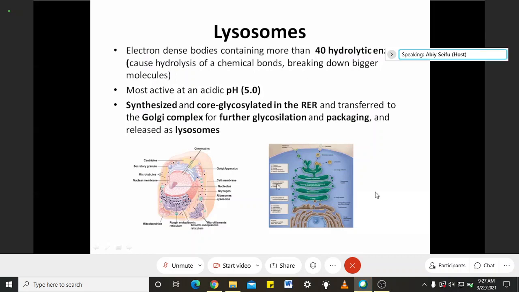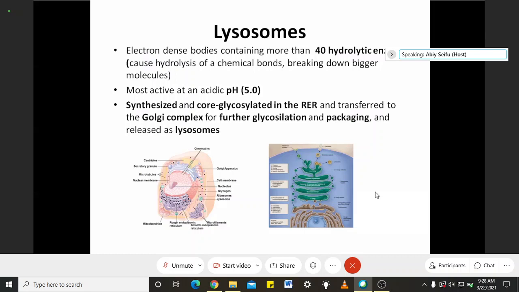In addition, some of these enzymes are able to digest the other organelles. They are able to digest and destroy the cytoplasm. So because of this, these enzymes should be bound and separated from the rest of the organelles by their own membrane. These lysosomes can even digest themselves.